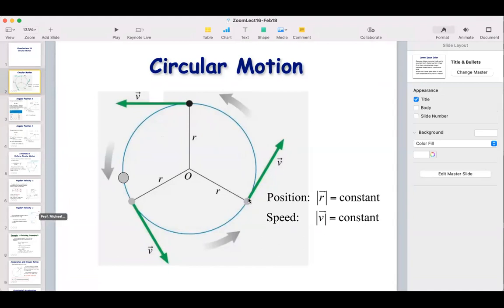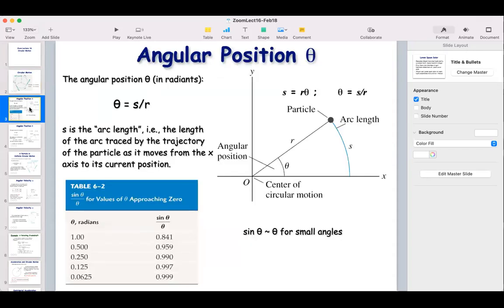The velocity, you know, is a vector. Here the intensity is constant. So the speed, which is the magnitude of this vector, is constant, but the velocity is changing direction constantly. So instead of having everything as a function of R and V, the easiest way is to define an angular position, an angle theta.